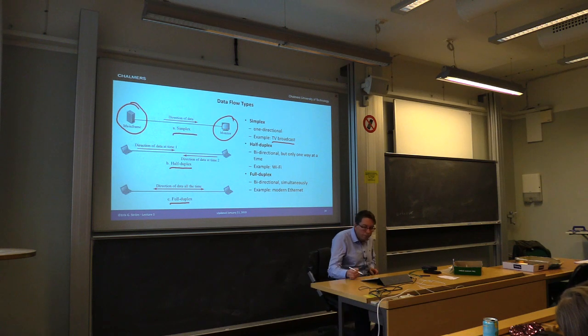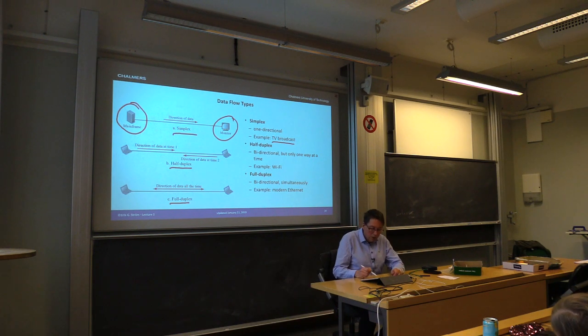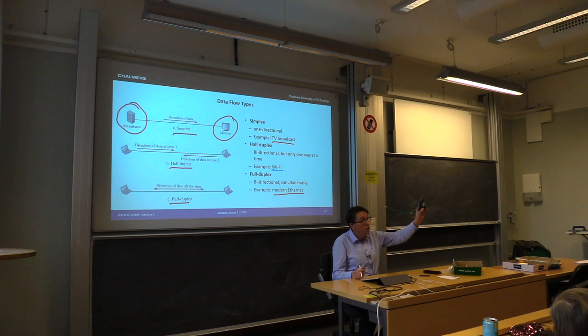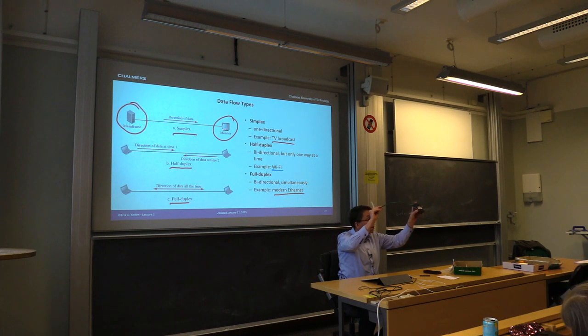Okay, now, so for instance, an example of half duplex would then be Wi-Fi. An example of full duplex would be modern Ethernet, where this represents then modern Ethernet. So suppose you hook up your laptop or whatever here, then the communication between this box and the computer can go in both directions simultaneously.